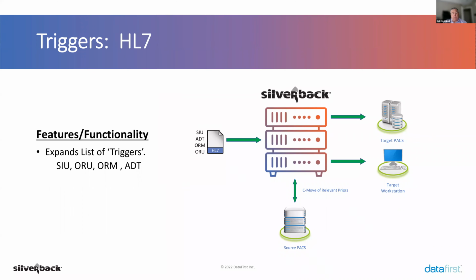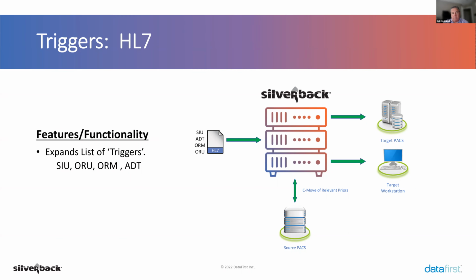All right, one of the other common triggers that we see, and one that is probably more ideal than modality worklist, are HL7 based triggers. What we do with Silverback is we can receive an inbound ORU, a scheduled message, and parse out the data from that message, be it procedure code, procedure description, and again, the relevant demographics.